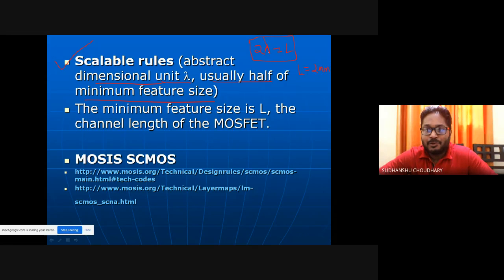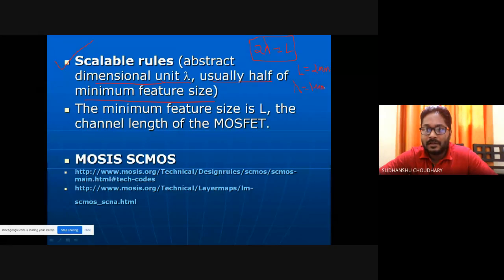So normally we will not draw by measuring in terms of micrometers or nanometers. We will simply draw in terms of lambda. Here, if 2 lambda is equal to L, then lambda is equal to L by 2, right? So if L is 2 micrometers, lambda becomes 1 micrometer.